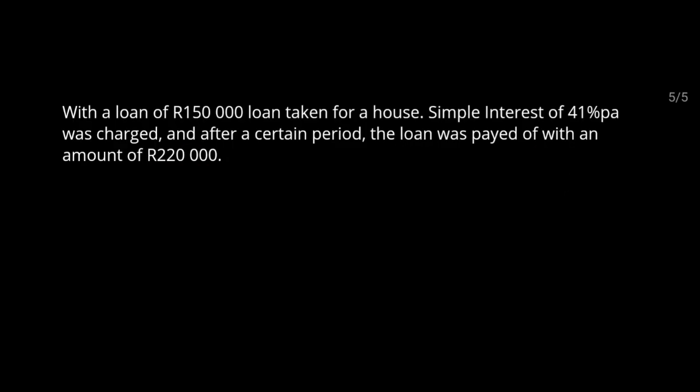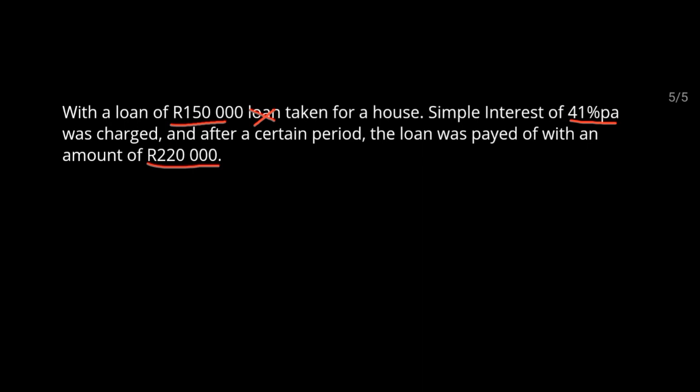With a loan of 150,000. Oh, I think there was an error here. With a loan of 150,000 taken for a house, simple interest of 41% per annum was charged. And after a certain period, the loan was paid off with an amount of 220,000 rand.